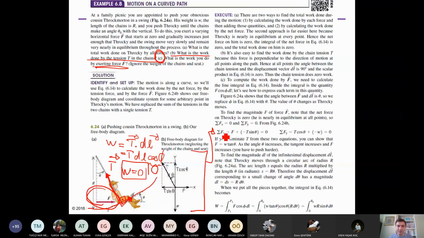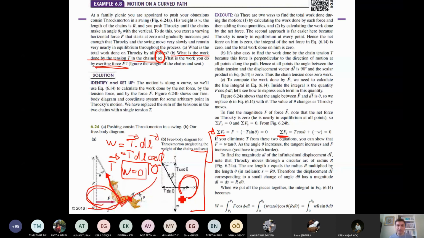Along the x-axis, we have F applied by you, which is positive because it is along the positive x. And here we have T sine theta. It is along the negative x, so it has a negative sign.